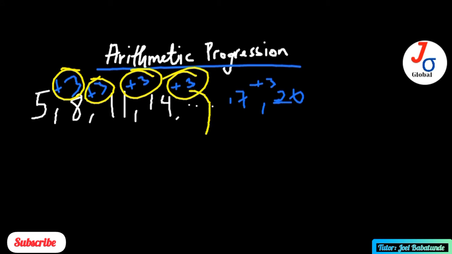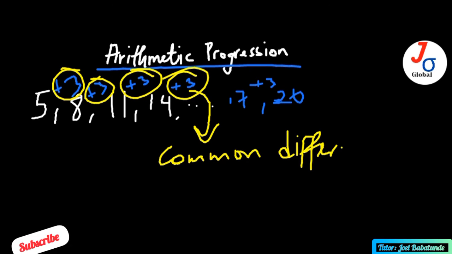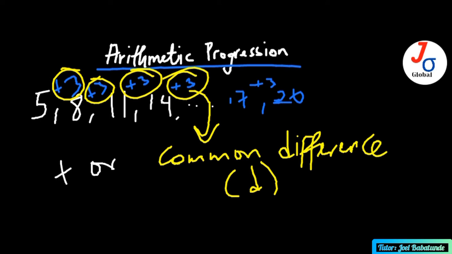So we call that the common difference, and it is represented with a small letter d. And this common difference could be either positive or negative.